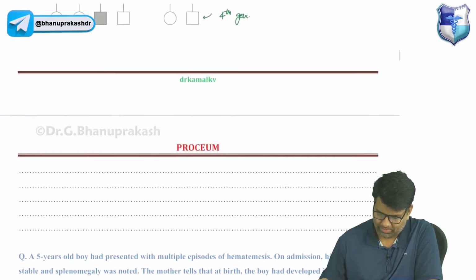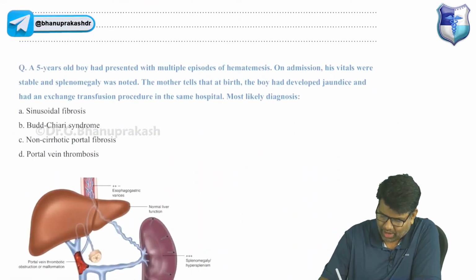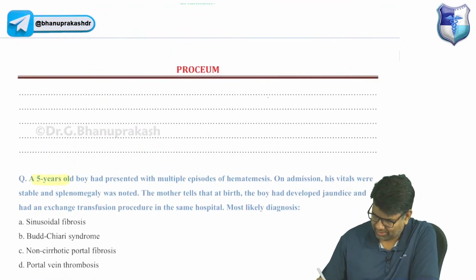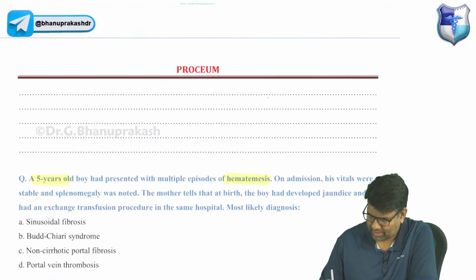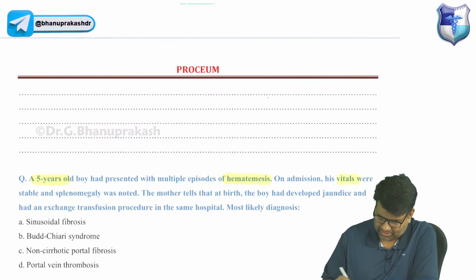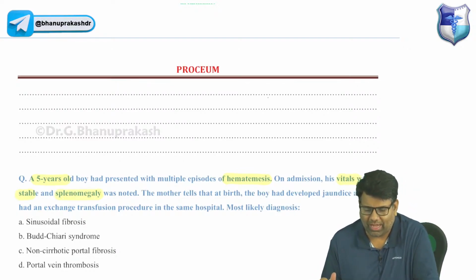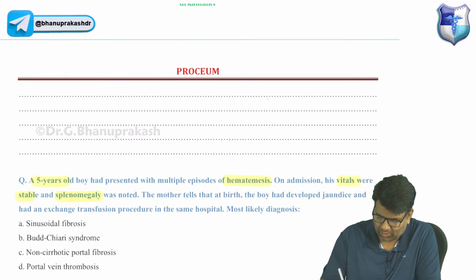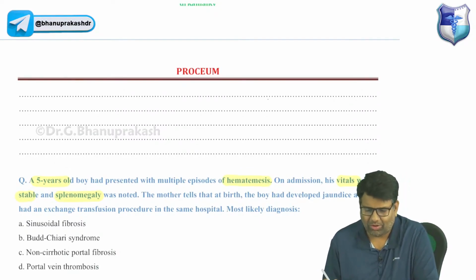Now the next question is about a 5-year-old child who is having multiple episodes of hematemesis. Vitals are stable, spleen is enlarged. Now what can be your diagnosis? This question we have already discussed, and I just want to see whether you remember it or not.